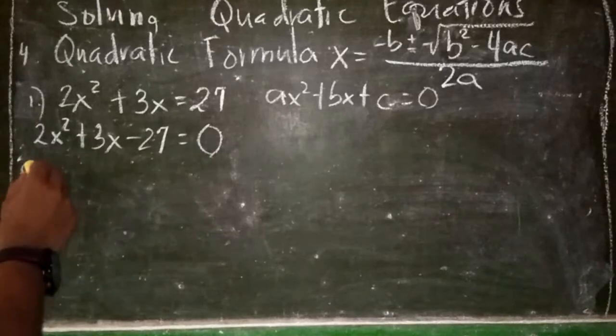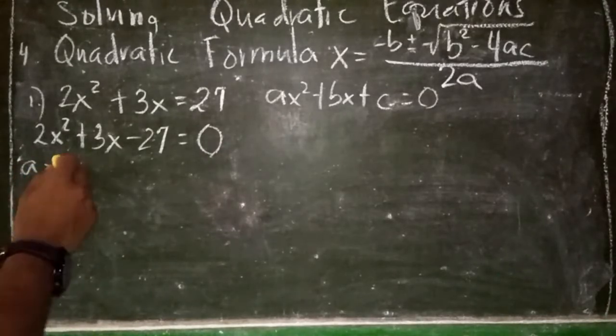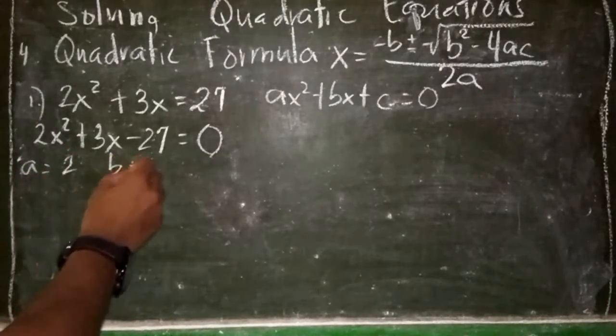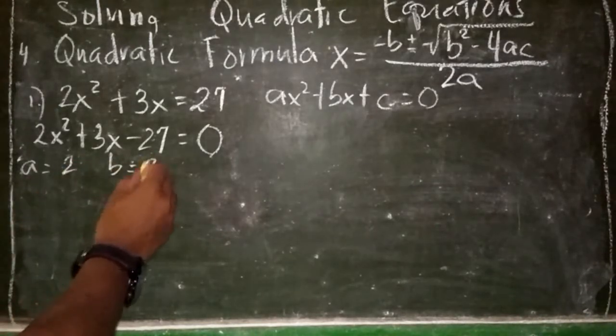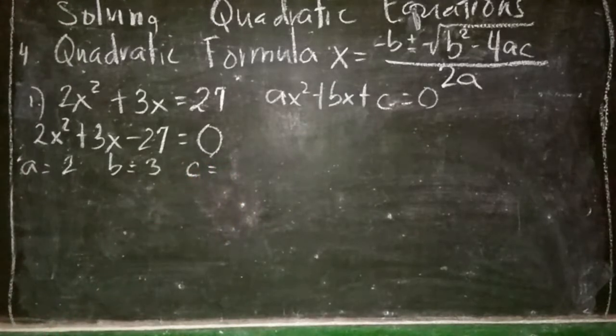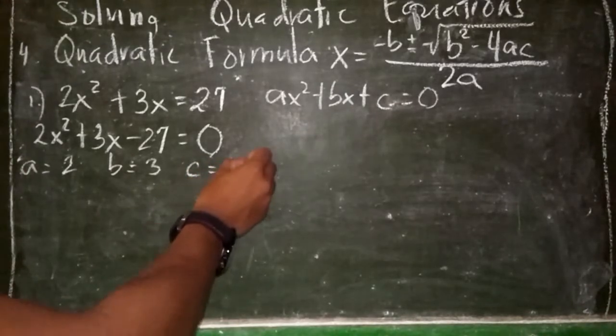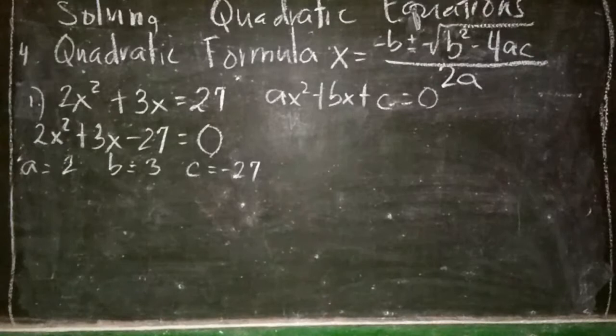So ano yung value ng a natin dito? Correct. 2. Yung b, ano yung value ng b? 3. And yung value ng c natin, that is negative 27. So after determining the values of a, b, and c, we can now use the quadratic formula.